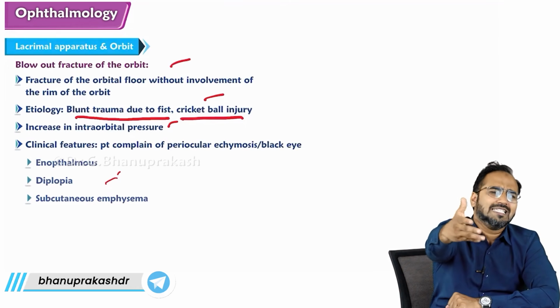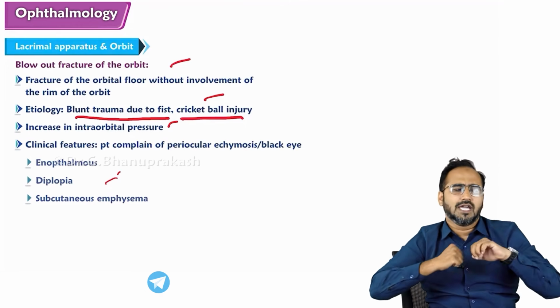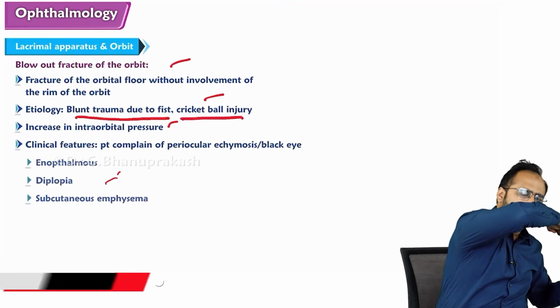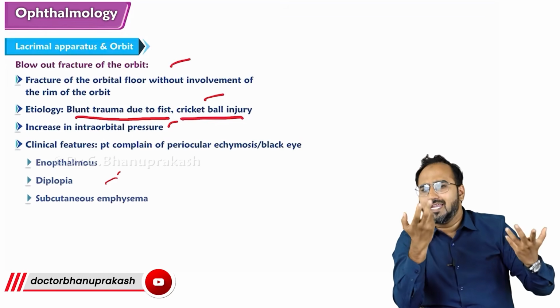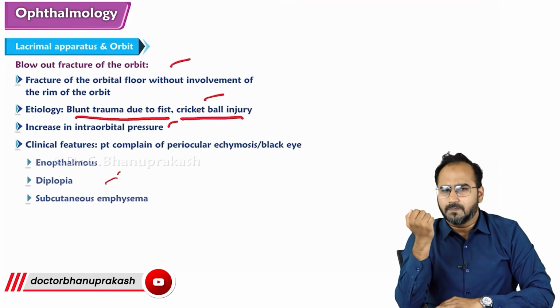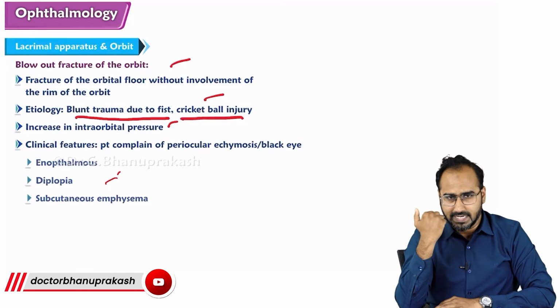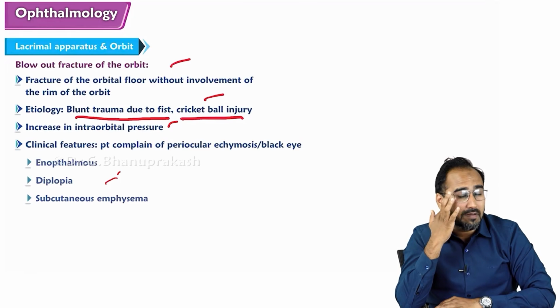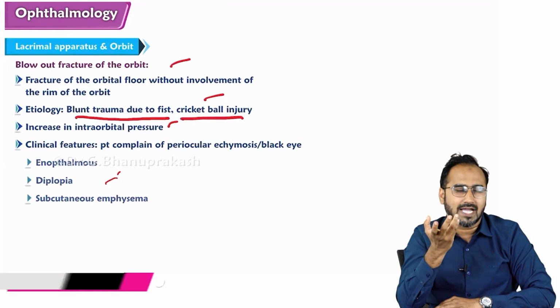Basically guys, you imagine a boxing match. There are two boxers fighting and one boxer uses his fist to punch the other person and he has developed the blowout fracture of the orbit involving the inferior wall. Now what will happen guys? What will be his features? You will see blackening of the eye, that is ecchymosis.